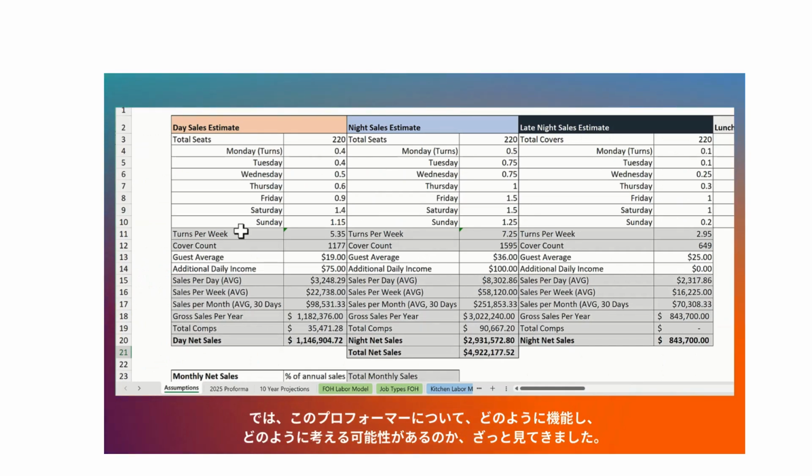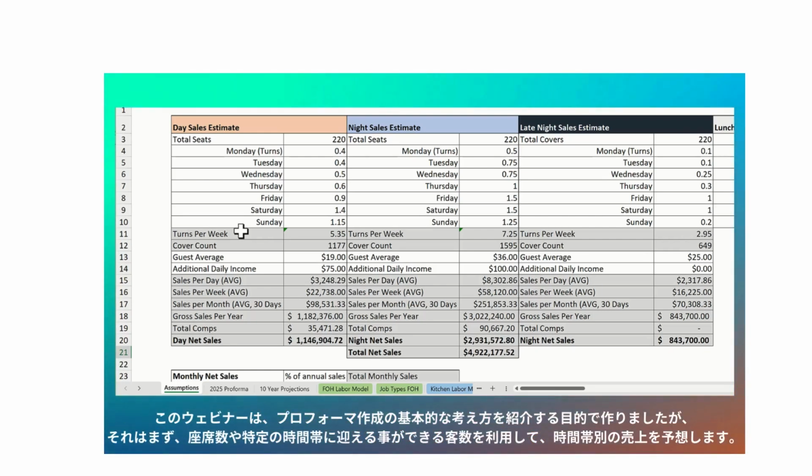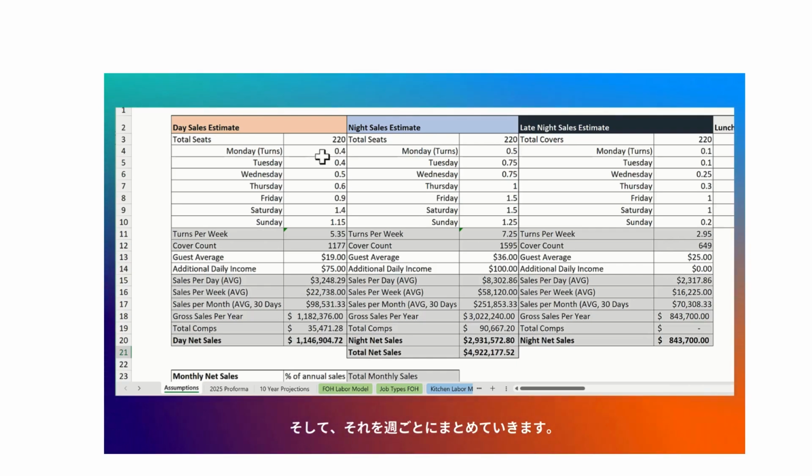Well, there you have it. We've taken a quick look at a Proforma and how it works and how to potentially think about one. And again, just as a reminder on how we think about creating Proformas is we first estimate our sales by day part, utilizing the amount of seats that we have or the amount of guests that we can have in a particular period of time, and break that out over the course of the week.